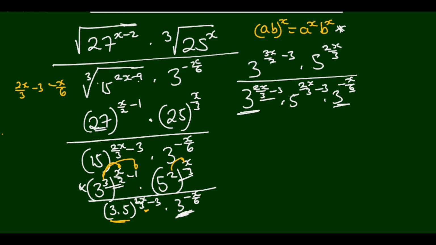Okay, then we can make these to have the same denominator. So we can multiply this one by 2. By 2 is going to be 4x over 6 minus, we multiply by 6, it's going to be 18 over 6, then minus x over 6. See that?